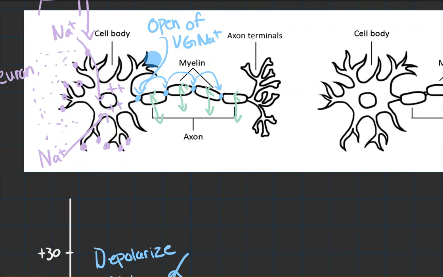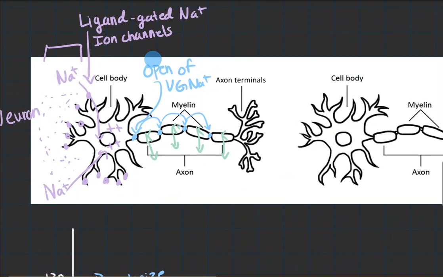That's not what would actually happen. The potassium would only be able to leave also at the nodes, but for teaching purposes and simplicity, I don't have enough room on this axon to show everything that's happening at the nodes. So I'm just simplifying here and saying potassium is leaving. But just keep in mind, this would actually only happen at the nodes.